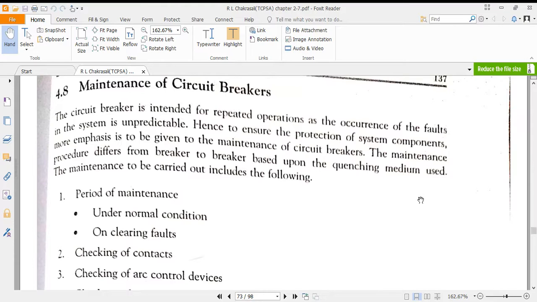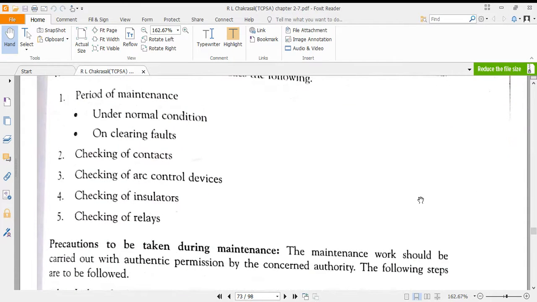When you are opening a live conductor, meaning the current is flowing in the conductor, when you are trying to cut or break the current, there is a spark, there is an arc, and we require some media to quench the arc.